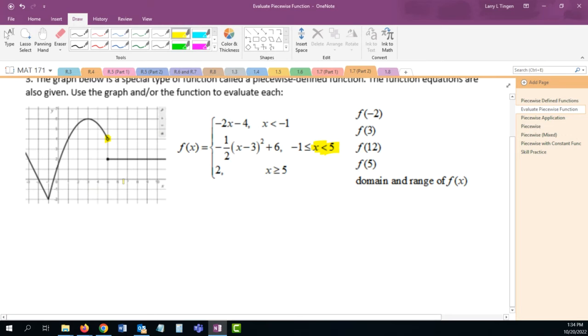I have to use the open circle, and it tells the reader that I pay attention to this quadratic all the way up until I get to 5, but not including 5. Now, in the last part, when x is 5, I'm supposed to get 2. Take a look at that dot. That dot is filled in.